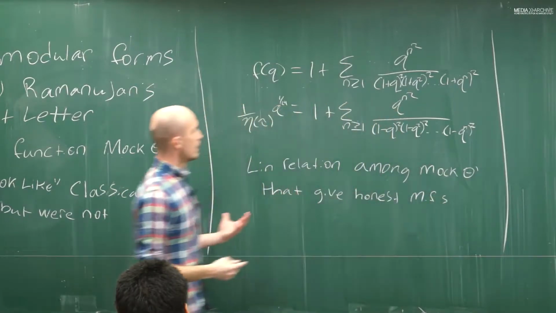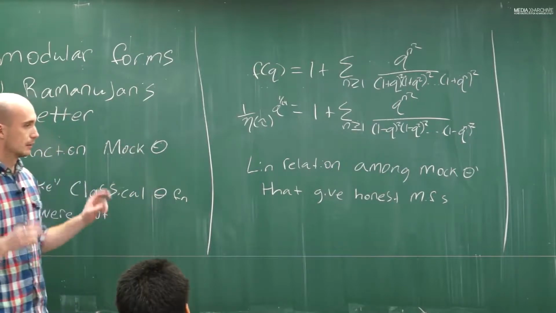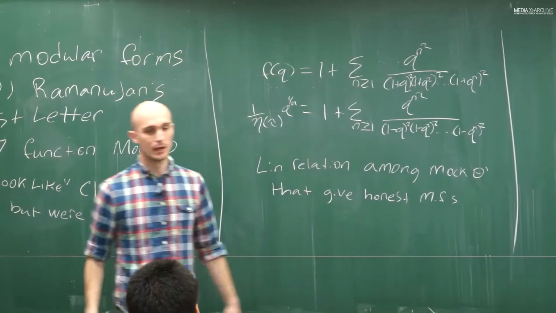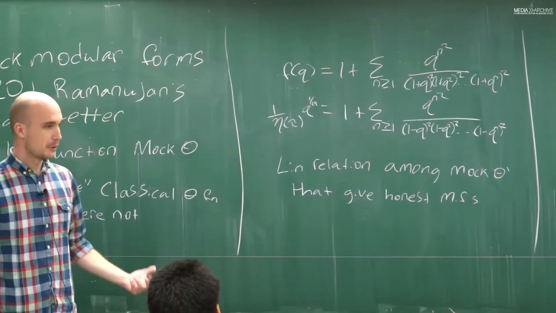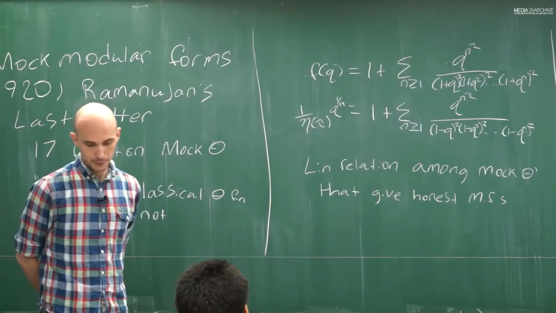Okay, so they were known to somehow be related more than just this vague looks like a modular form. They somehow did fit into this theory, but how they fit precisely was left very open for quite a while.